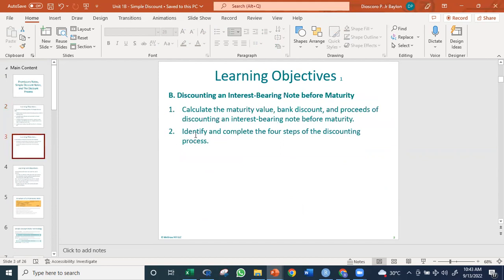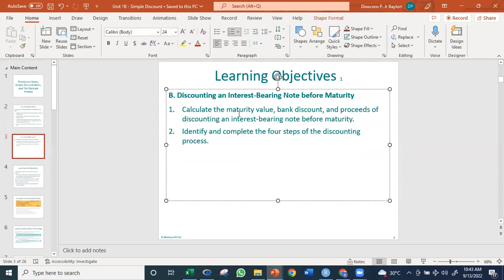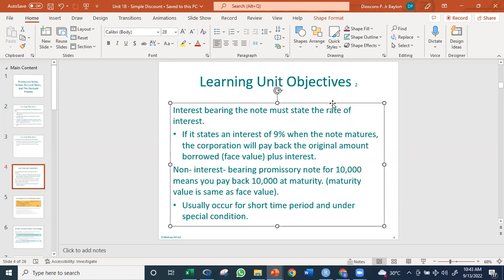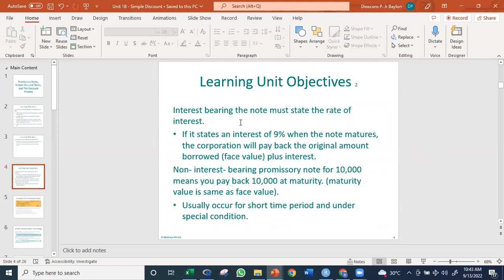And then letter B, we're going to calculate the maturity value, the discount, and the proceeds of discounting an interest-bearing note before maturity, and identify and complete the 4 steps of the discounting process. So our next lesson will be all about discounting.